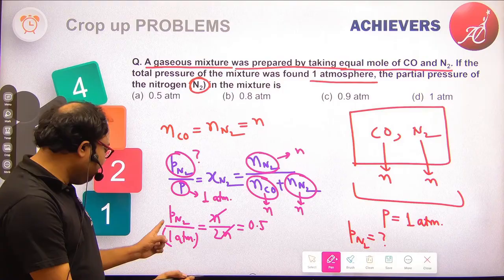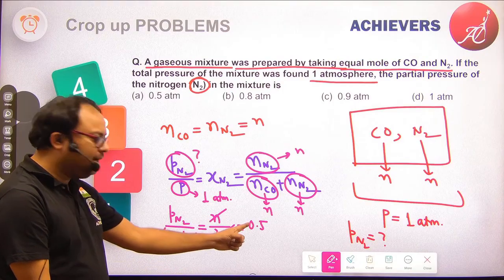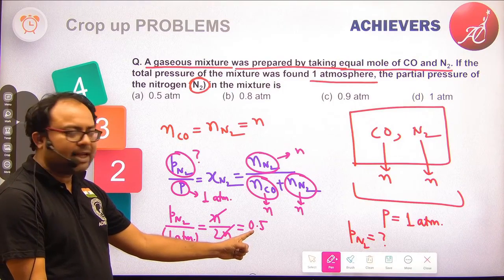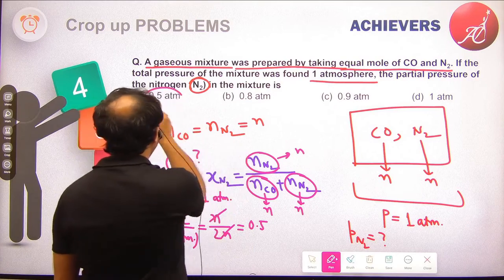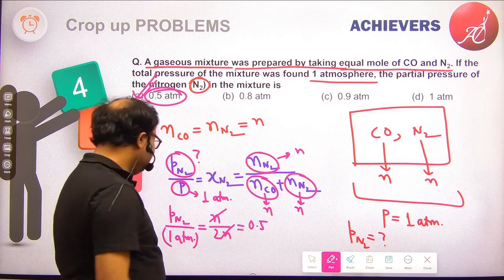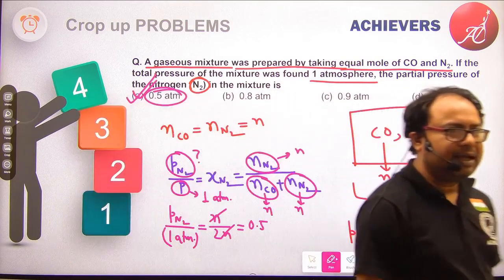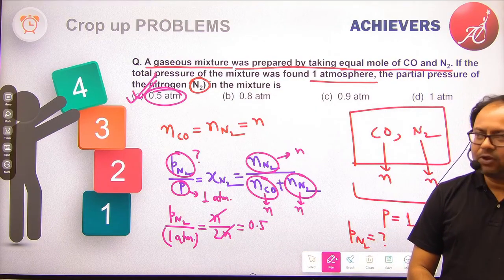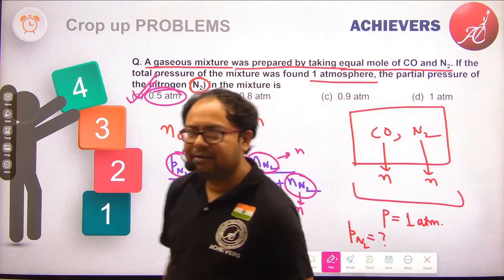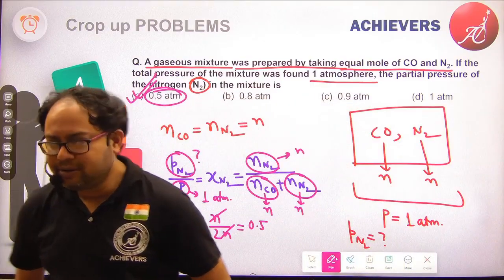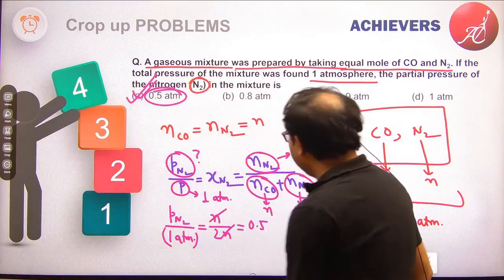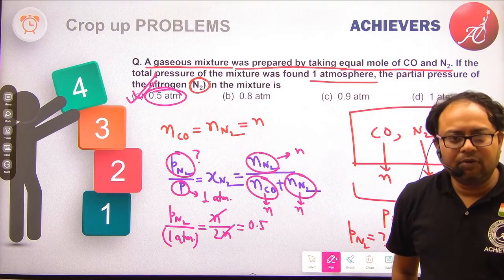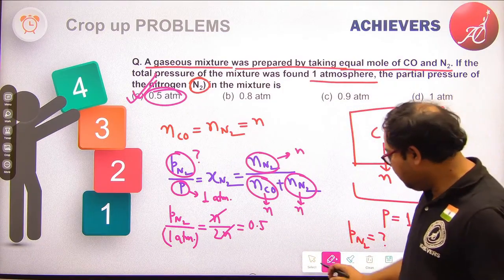So the value of PN2 is 0.5 multiplied by 1 atmosphere, which makes 0.5 atmosphere. The answer is A. Understood? Okay. Let's move on to the next problem.